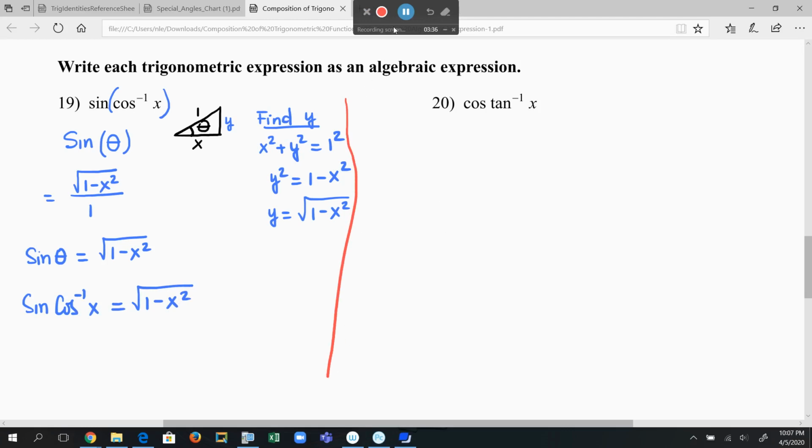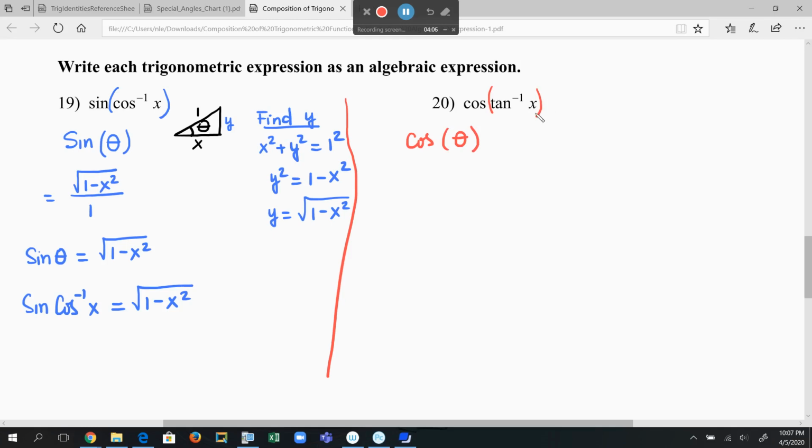Okay, so let's look at example number 20. Here we want to find the composition of two functions, cosine and inverse tangent. Again, we start with the innermost function, so we start with the inverse tangent first. That will give us cosine, and the inverse tangent gives us the angle theta.